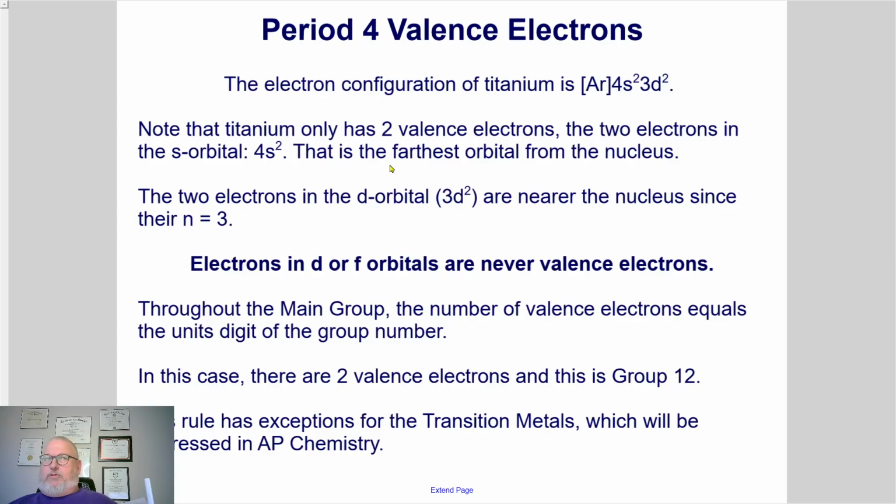D and f orbitals are never valence electrons. Throughout the main group, the number of valence electrons equals the units digit of the group number: 1, 2, 13, 14, 15. So this is in group 12, but there are two valence electrons.